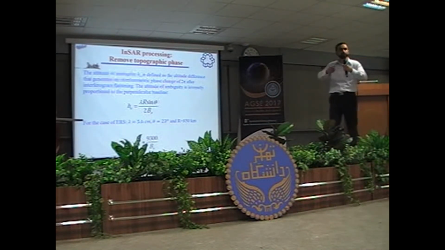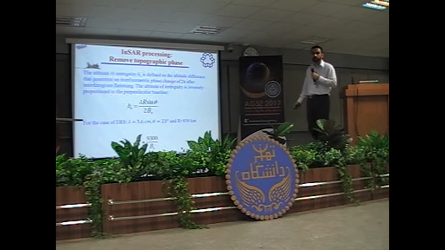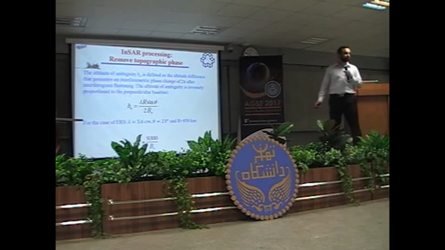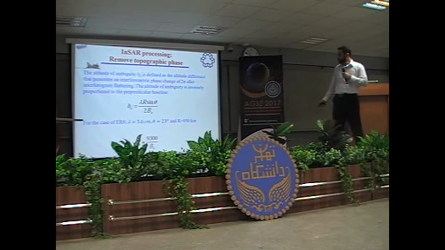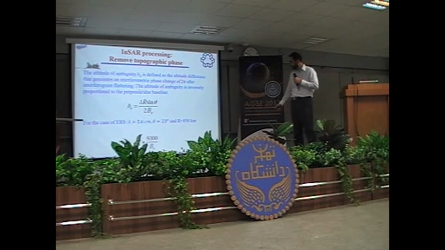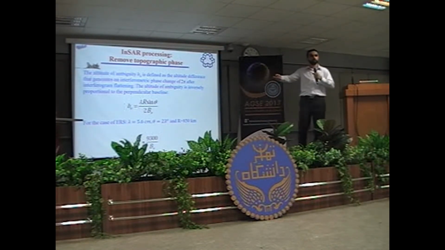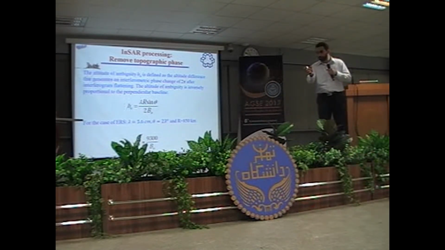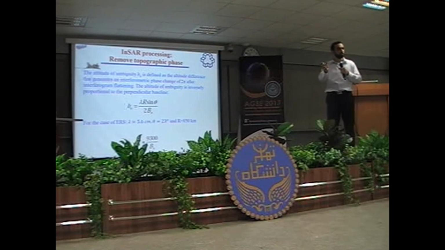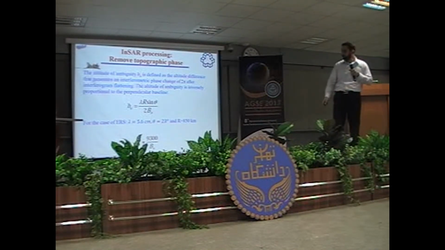If you increase the baseline, what happens then? If the baseline is increasing, then the height of ambiguity will be decreasing. So if you have a 200 meter baseline, then a 2 pi change in an interferometric phase would be related to maybe a 40 meter height difference.